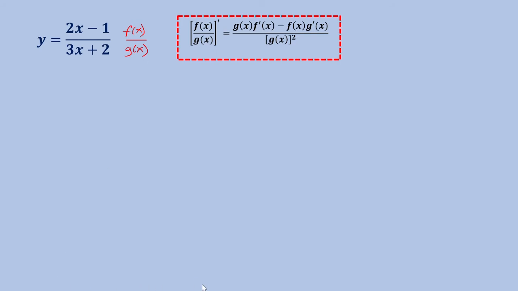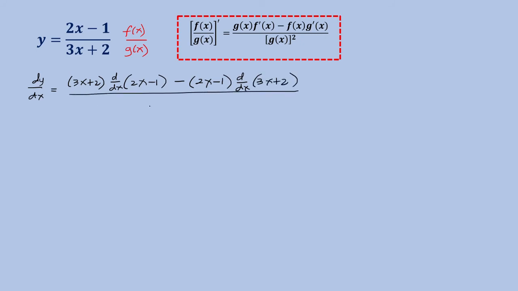So to get the derivative of the given function, we have g of x is 3x plus 2 times the derivative of 2x minus 1 minus f of x is 2x minus 1 times the derivative of 3x plus 2 over the square of our denominator.